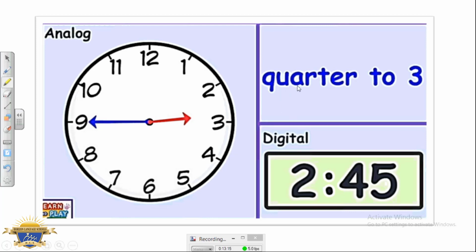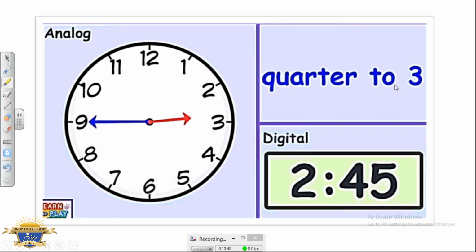So it's quarter to 3 because 3 is the big number. The hour is between 2 and 3. When I say to, I take the big number, which is 3. So it's quarter to 3.